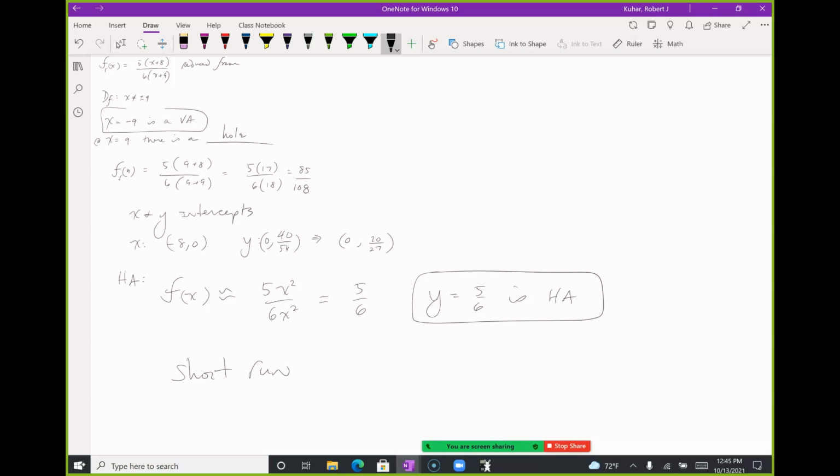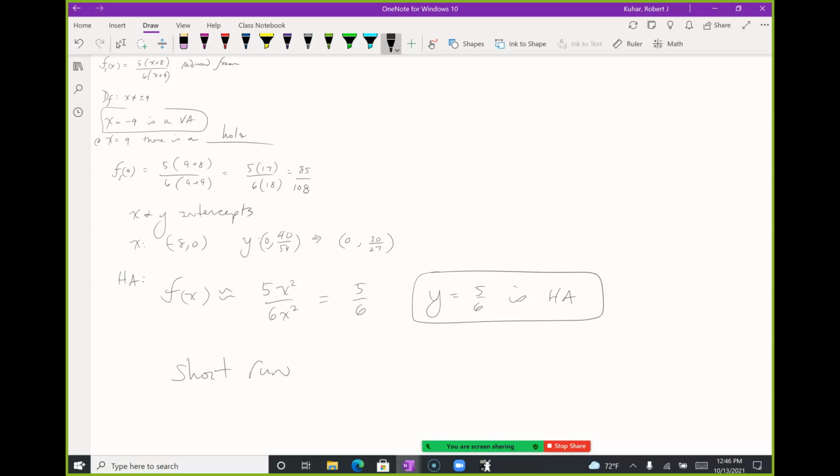Go ahead. Isn't your short run behavior your vertical asymptote? Exactly. No. I want the short run behavior at a vertical asymptote. So at positive 9, there's a hole. And I already know the short run behavior there. It's around a height of, what did I say, 85 over 108.